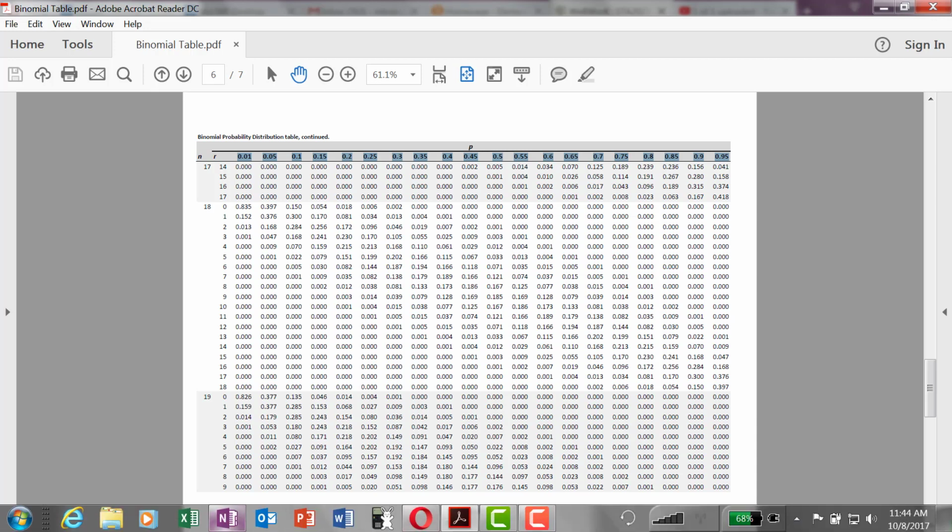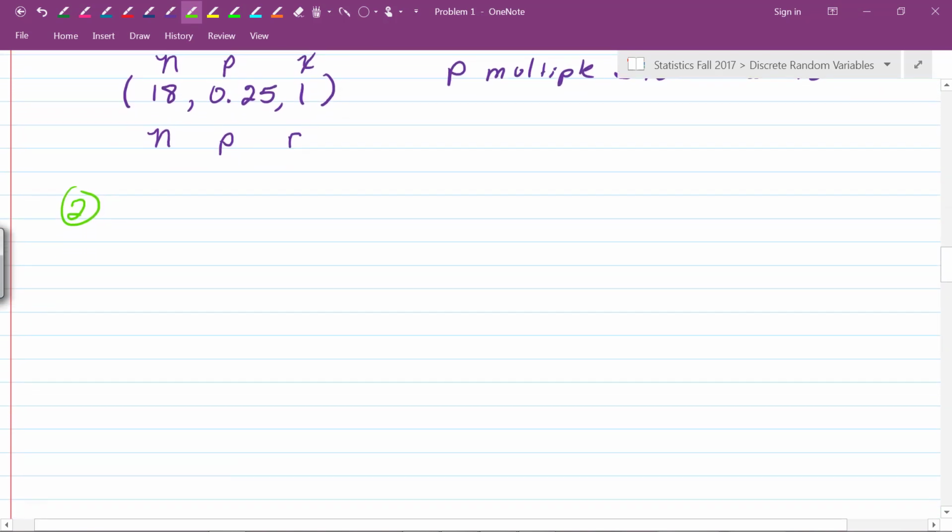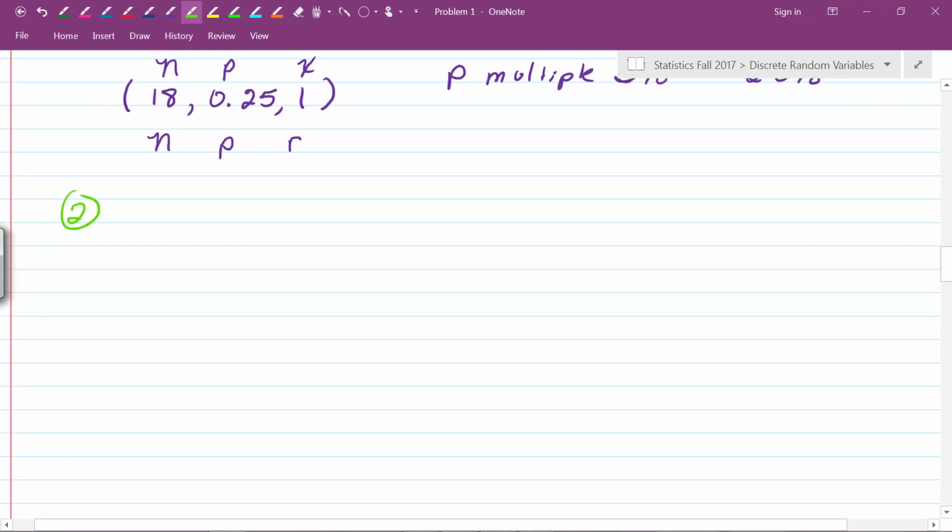So option number 2, right here, is the binomial formula. We're just going to scroll up a little bit.